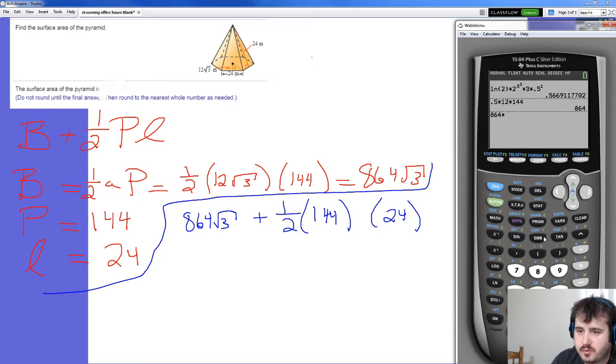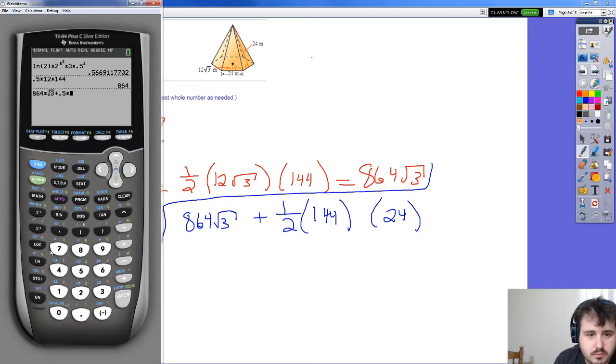864 times square root of 3 plus 0.5 times 144 times 24. That matches what I've got, right? 864 radical 3 plus 1/2 times 144 times 24.